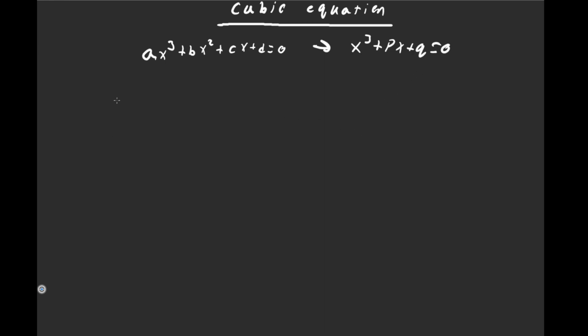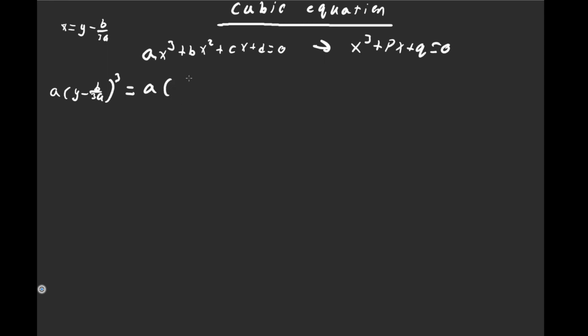So we will transform the cubic and see how it behaves. Let's start with plugging in x equal to y minus b over 3a, where we get a times (y minus b over 3a) cubed. Let's do it separately so we don't lose track of anything.